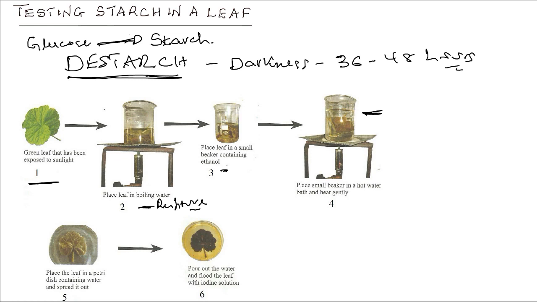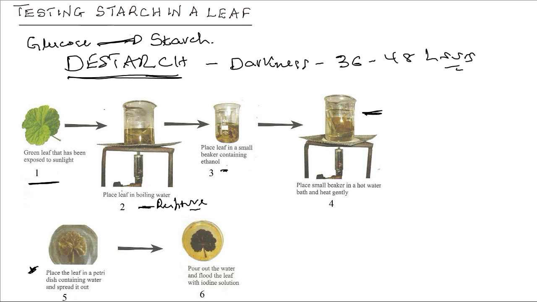Then you flood the leaf. You apply as much iodine solution as possible over the leaf, and if it turns blue-black, then that will show that starch is present, and therefore we can conclude that during the time that the plant and the leaf were exposed to sunlight, photosynthesis took place, carbohydrates were produced, and the excess converted into starch for storage.